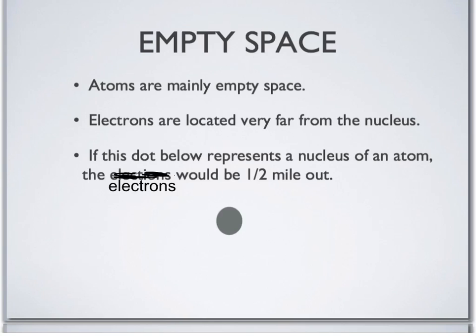The last diagram is kind of misleading. Electrons would be a lot further out in a real diagram if you're actually looking at an accurate to scale diagram. The electrons would have to be half a mile away from this dot here in the center.